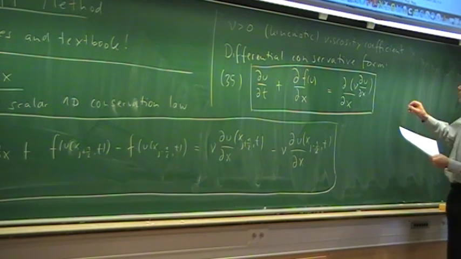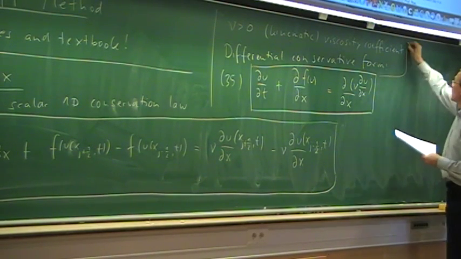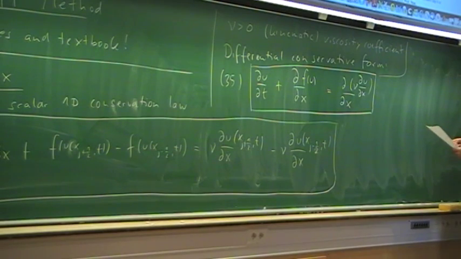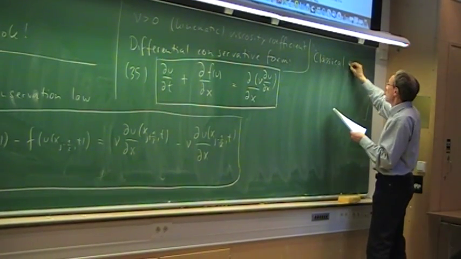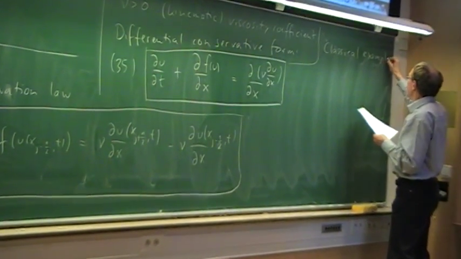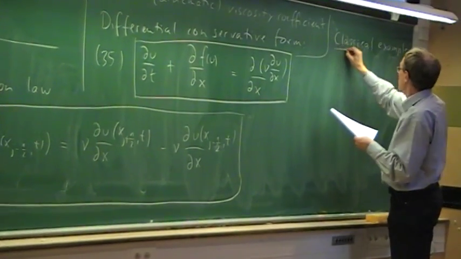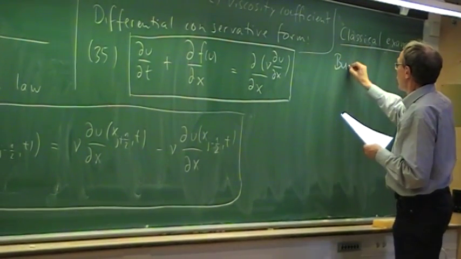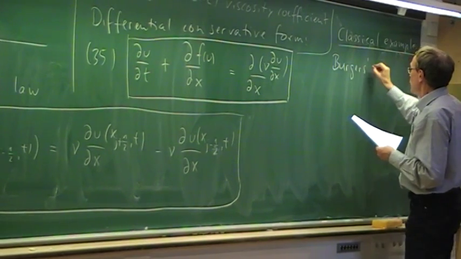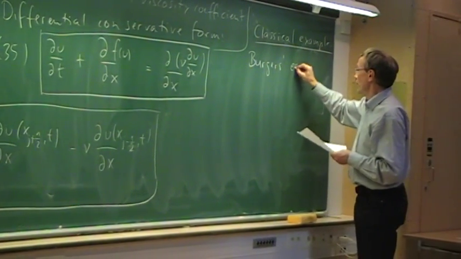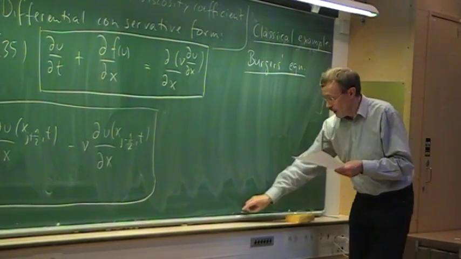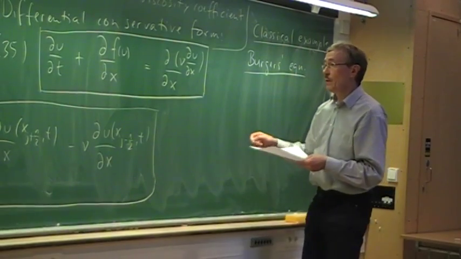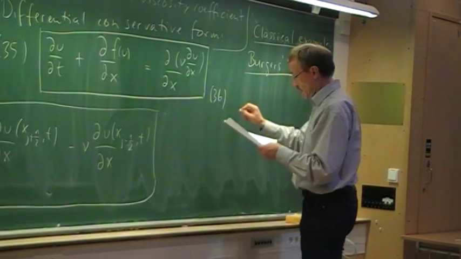And the classical example for such a conservation law, parabolic conservation law, is then the Burgers equation. Before we have discussed the inviscid Burgers equation. Now comes, so to speak, the true Burgers equation. And that is the following. 36.